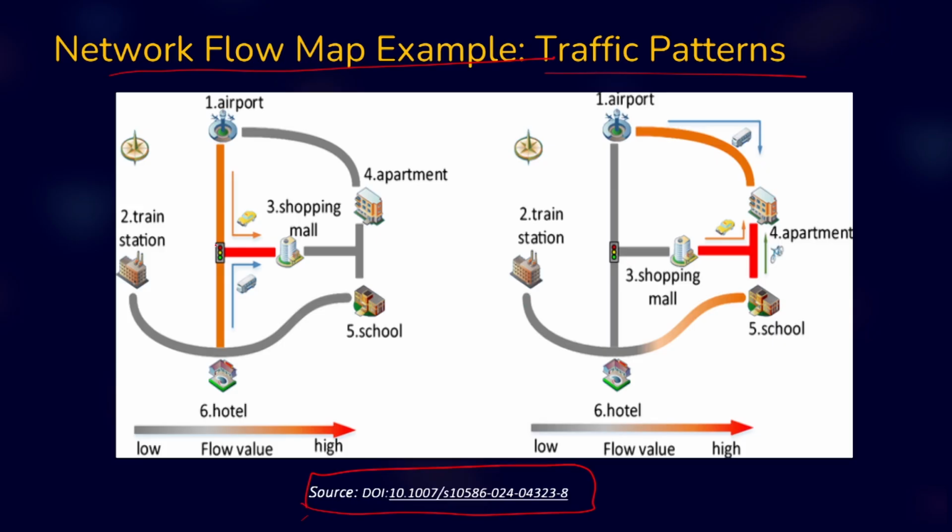There is heavy traffic in the shopping mall direction, and in the second case the flow is more from the shopping mall to the apartments and from the airport to the apartments. Here the traffic intensity is more, and wherever it is grey, the traffic is slow. So this gives us an overall idea of the urban area, of how there is traffic congestion, how the traffic is moving and so on.